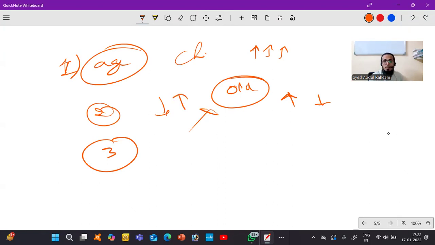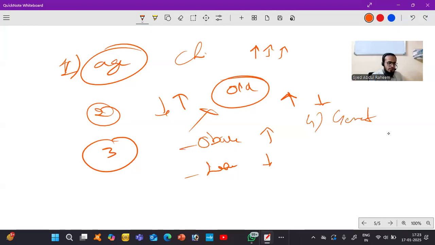Body composition, how much weight, everything matters. And body size: if a person is obese, he requires more energy. If a person is lean, less energy, less basal metabolic rate. And genetics: by birth, some persons require a large amount of energy even though we calculate the energy.